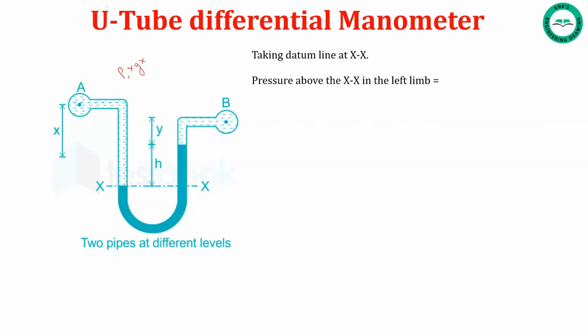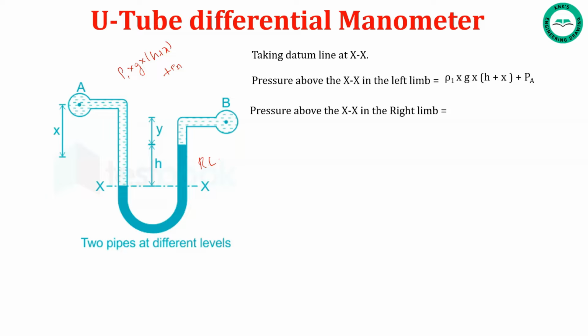So that is X plus H, that is H plus X, and the pressure point. So here I am writing rho 1 G into H plus X, plus PA. Similarly, write down for the right limb. So the pressure in the right limb.